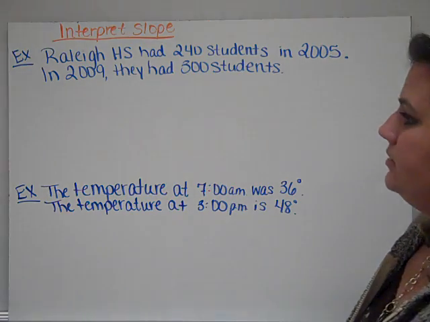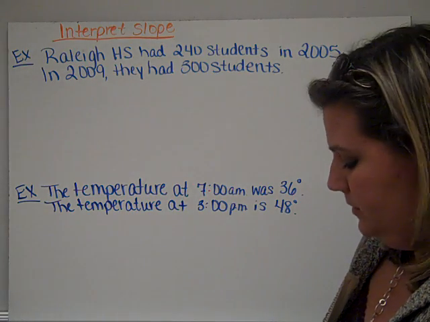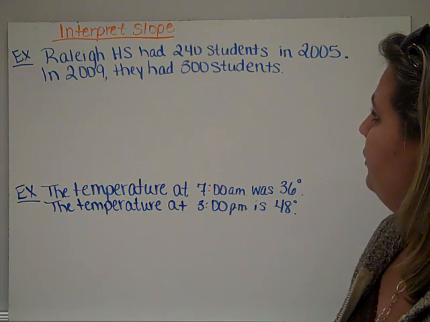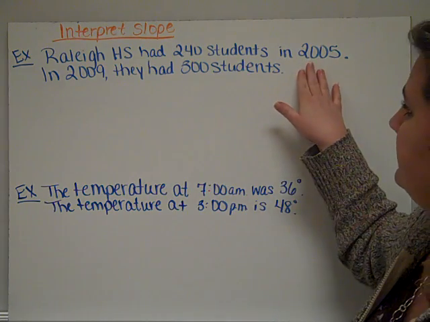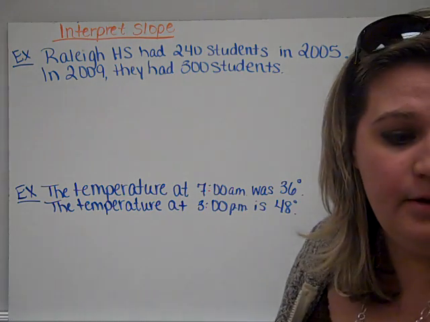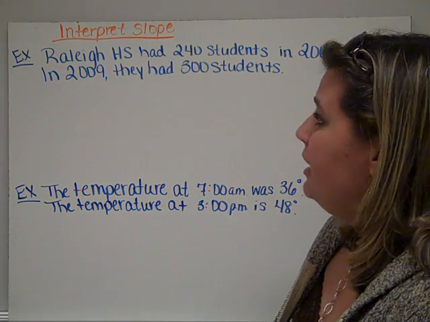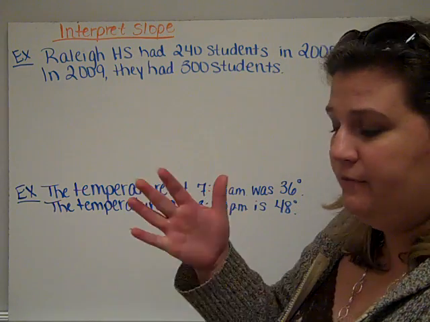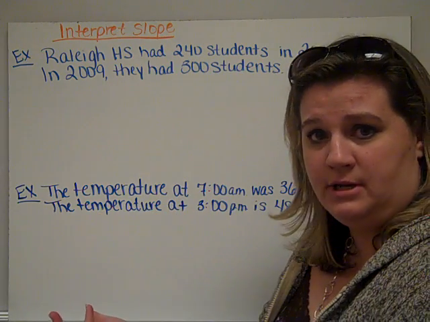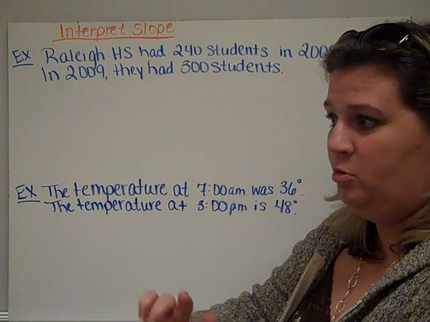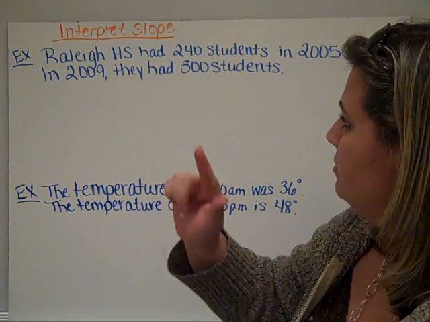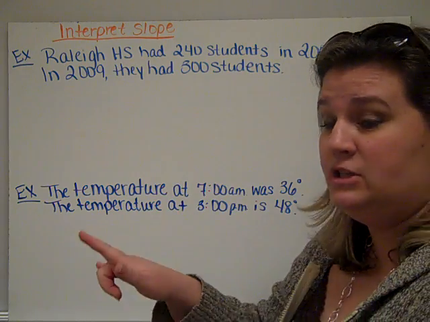All right. So now let's interpret slope. So for example here, it says Riley High School had 240 students in 2005. In 2009, they had 300 students. So you can see the different numbers that we have here. We have time and we have students. So you can see that relationship. Remember, we're talking about linear things, so we all have an x and a y. That's two relationships. So time and students.